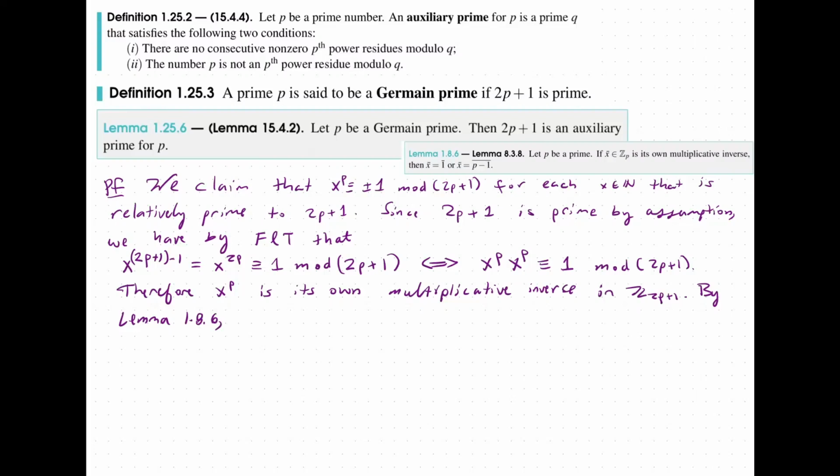We have that x to the P is congruent to 1 or negative 1 modulo 2P plus 1, and so we got the claim, because now we have what we wanted. We have x to the P is congruent to plus or minus 1 modulo 2P plus 1.